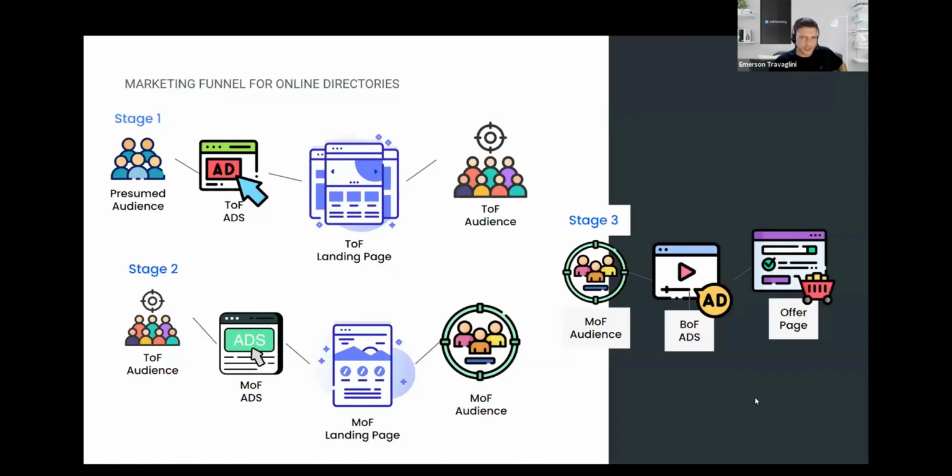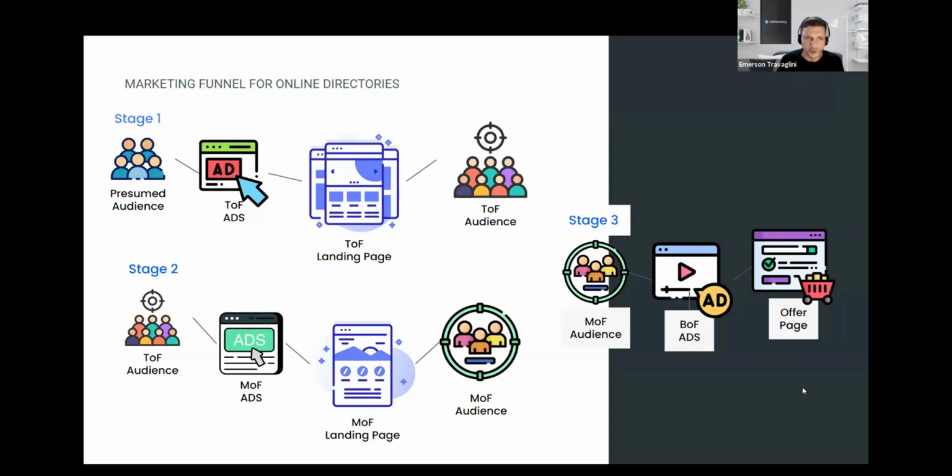Okay, I believe you can see my screen. This is just a summary of what Gabriel just showed you. So stage 1 starts with this presumed audience based on keywords or interests. They will see top of the funnel ads and arrive at our landing page. A hook will be added to their browser, so Google AdWords and Facebook ads will understand that they are part of this audience.